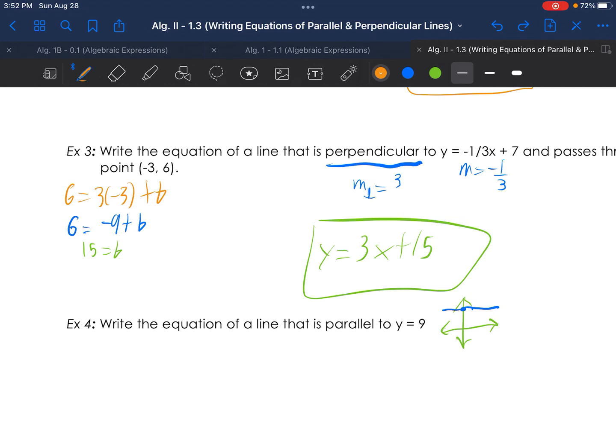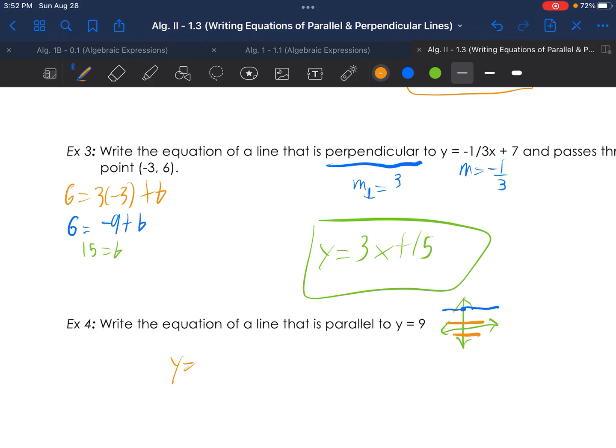So if you want to do y equals 0x plus b, you can, but remember, any parallel line will have the same slope of 0, so it'll also be horizontal. And this time on example 4, it's different because it's not telling you that you have to have it go through any specific point.